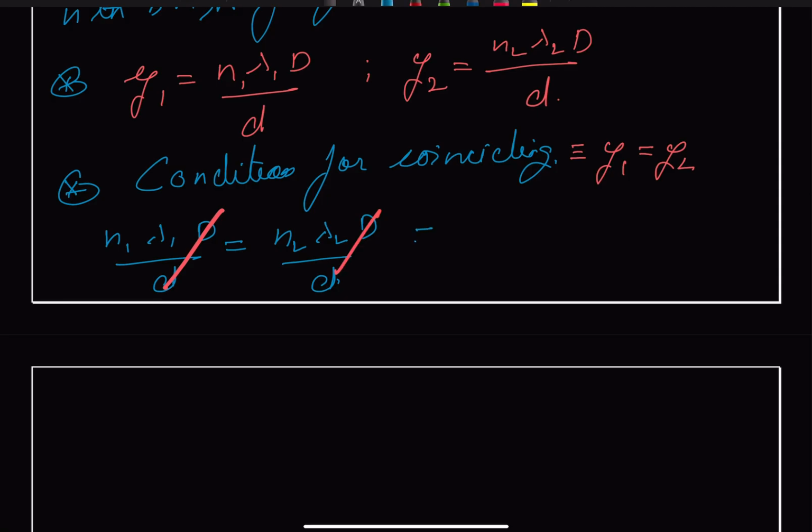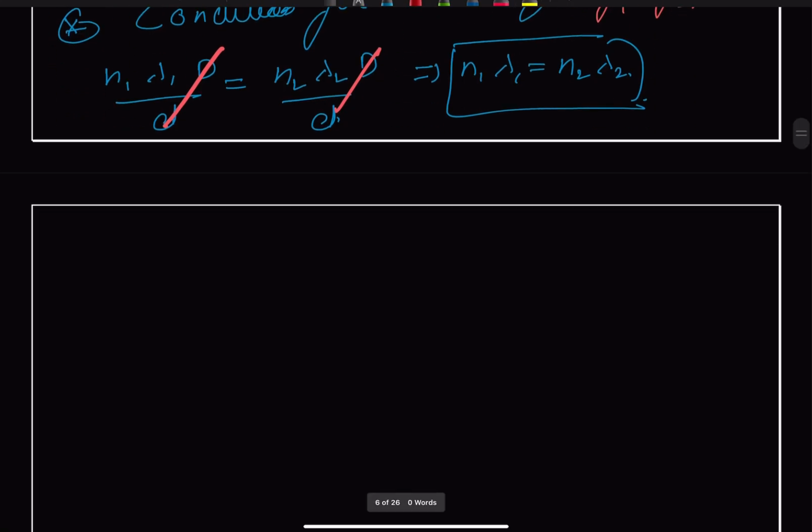So from here we get that n1 lambda 1 is equal to n2 lambda 2. We can use the LCM of the wavelengths, because we require them to be a common multiple. So let's find out the LCM.